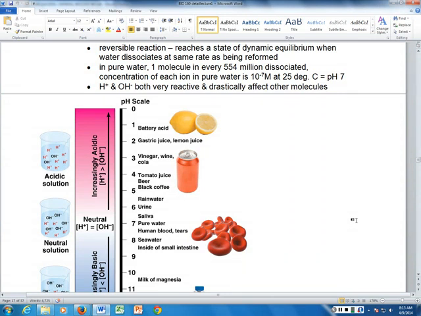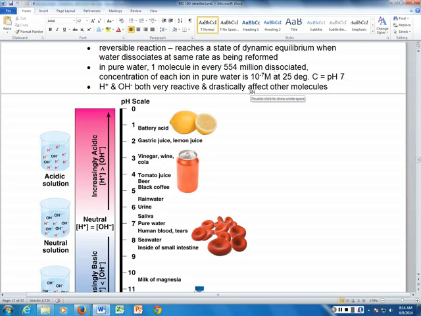If you look at that concentration in pure water, it's 10 to the negative 7 molarity at 25 degrees Celsius. So what the pH represents is the negative log of the exponent. You take the negative of this negative 7 here, which gives you a positive, and that's why it's a pH 7. So that's what it's representing.